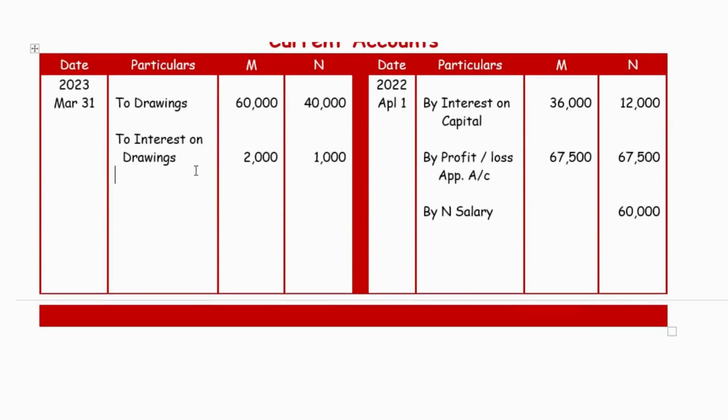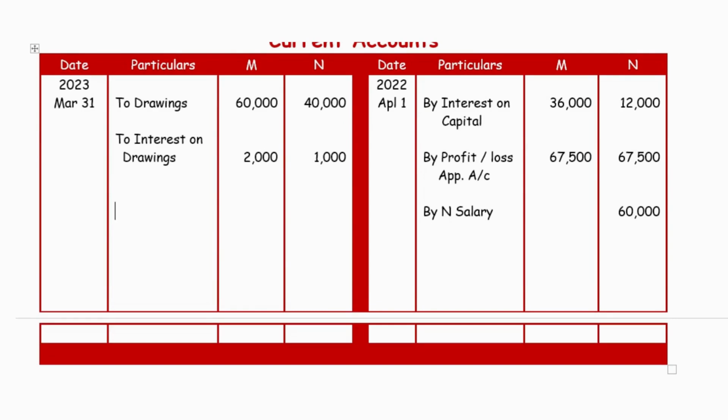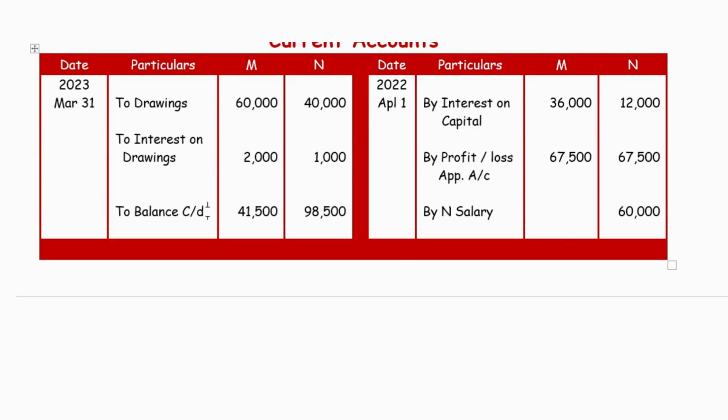Now almost all the entries relating to partners are made. So the difference amount is balance carried down. It is 41,500 and 98,500. We balance the current account by totaling it and finding the difference, and these values are the partners' current account balances.